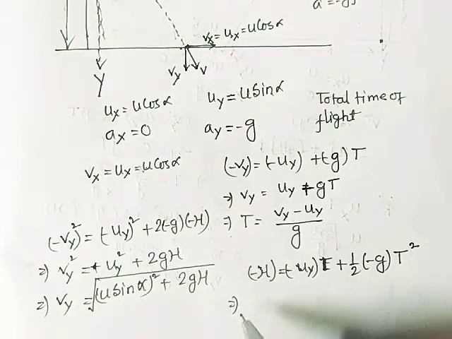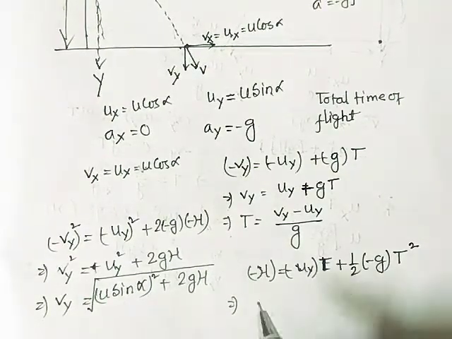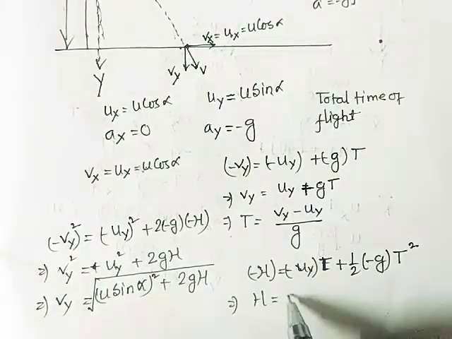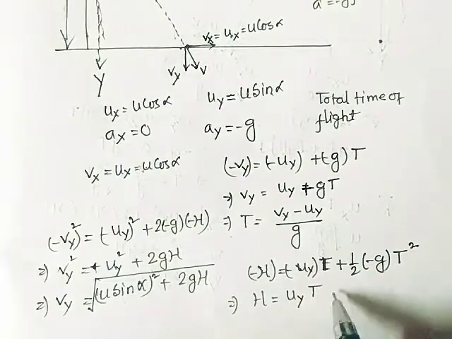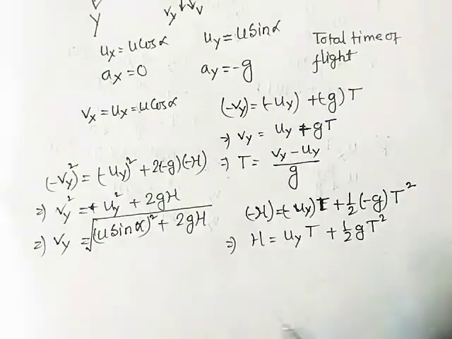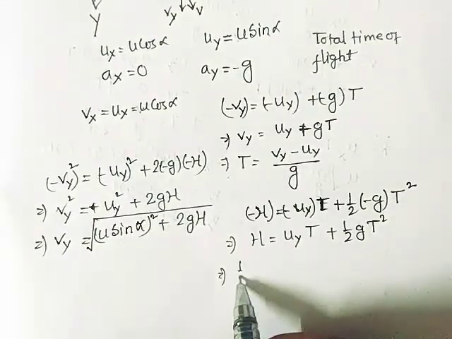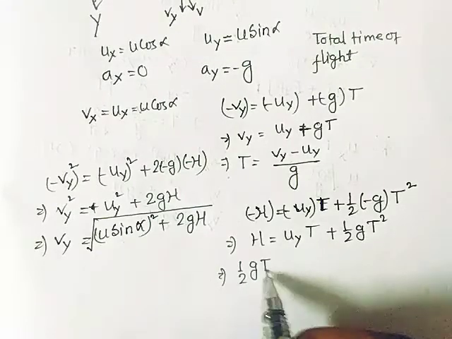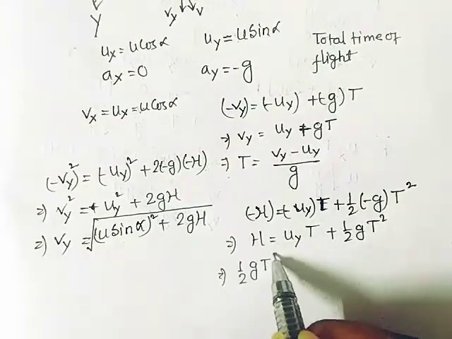So from here, h equal to uy into t plus 1 by 2 g t square. Obviously again it is a quadratic equation in time. So from here we can easily find out the time.